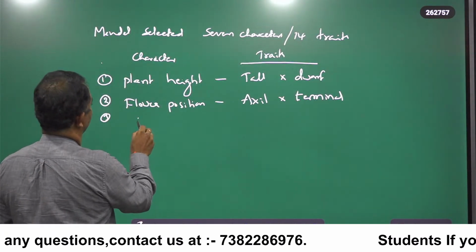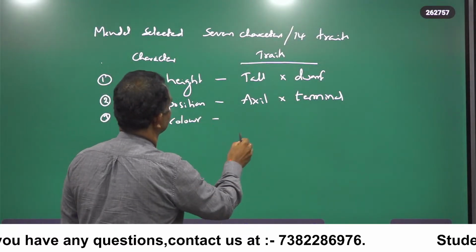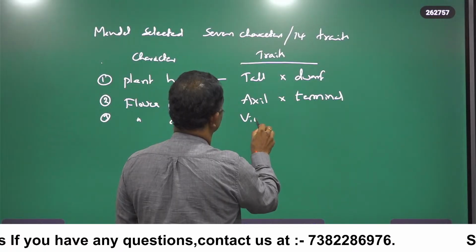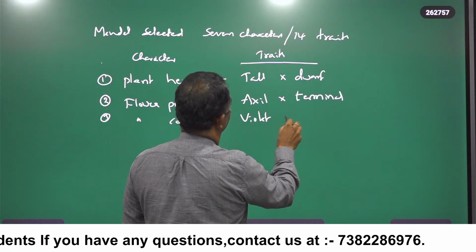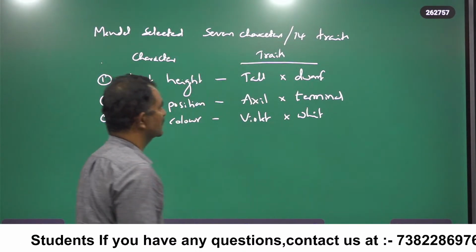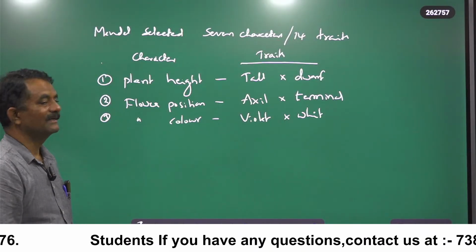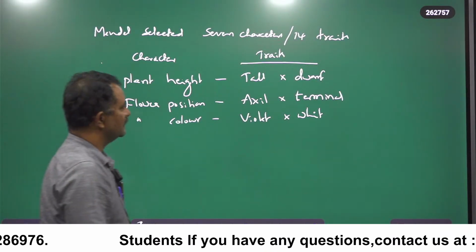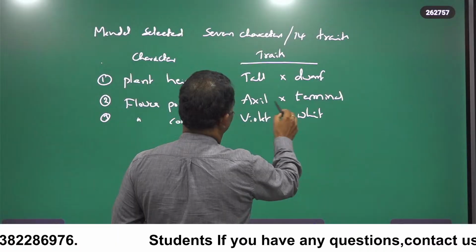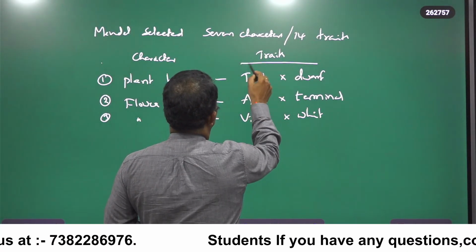Third one, flower color. Violet, white. These are contrasting traits. Contrasting is nothing but opposite traits. Tall is opposite to dwarf. Axial is opposite to terminal. So these are the dominant traits.